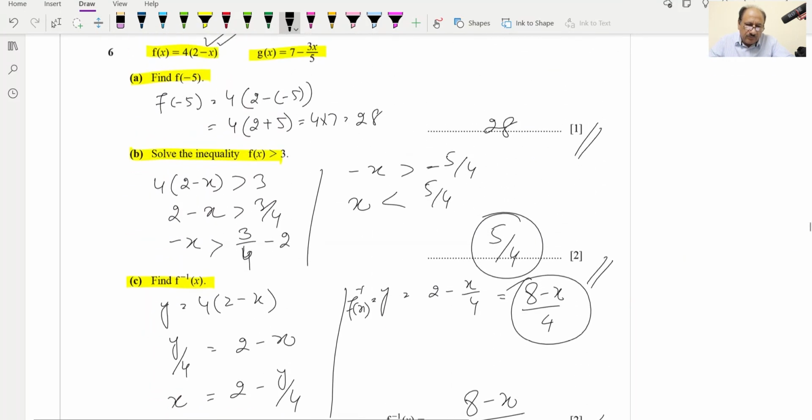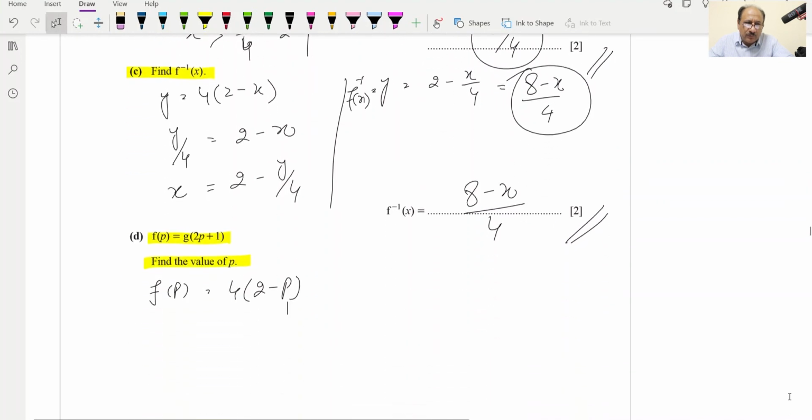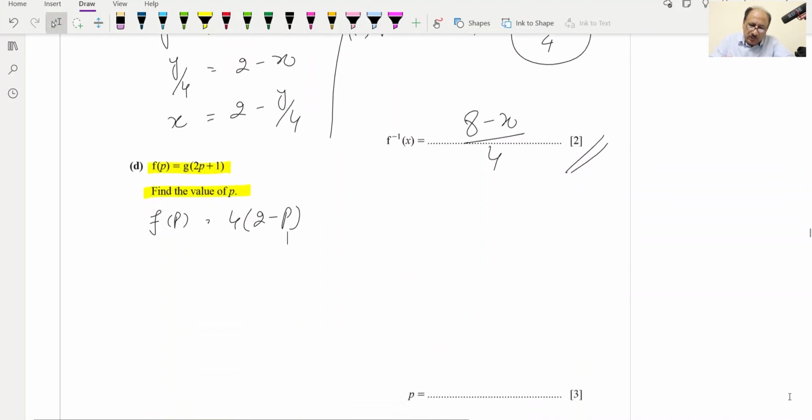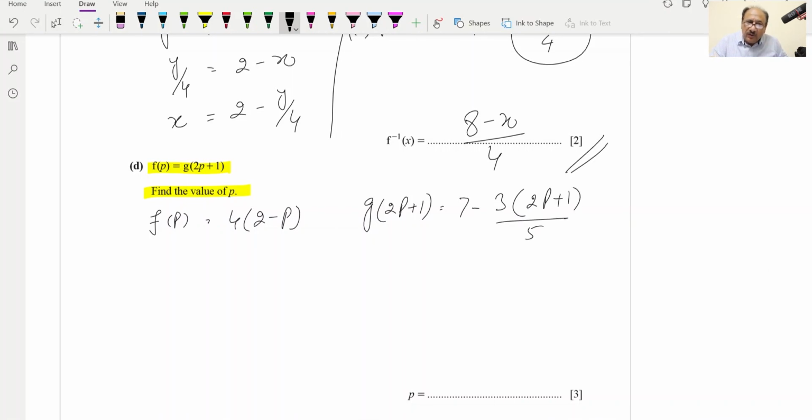Now in g of x we will replace 2p plus 1. So our g of 2p plus 1, directly we can write, is equal to 7 minus 3 into 2p plus 1 divided by 5. So this is what we have replaced, the x value with 2p plus 1.